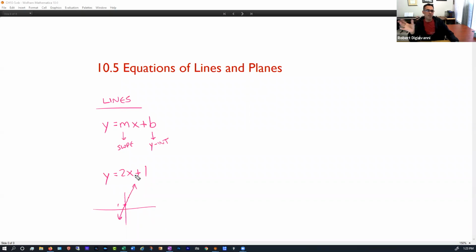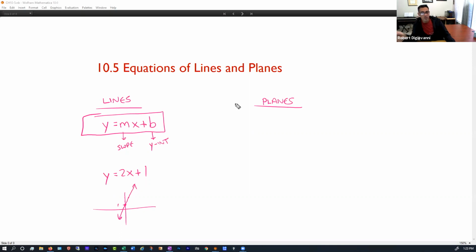So lines are something we're familiar with. Vertical lines are a little different, horizontal lines are a little different, but we should be comfortable with lines. And this was the general equation of a line. Now, when it comes to planes, that is a little different, because this depends on your background, like who you took and where you took your class.